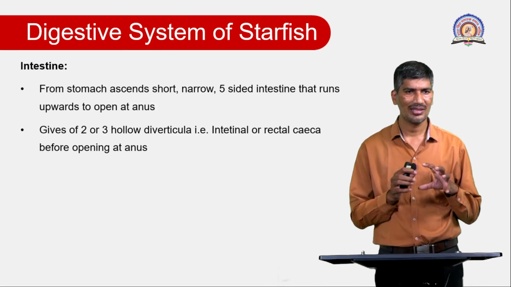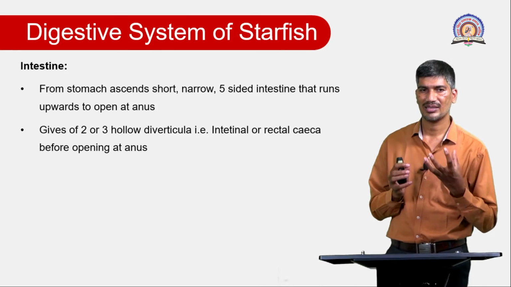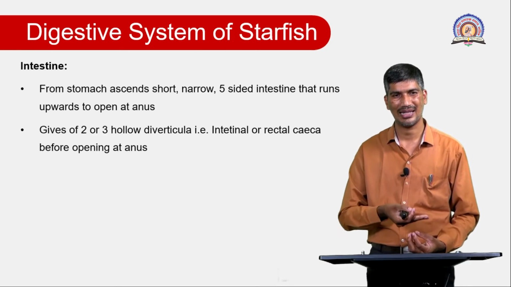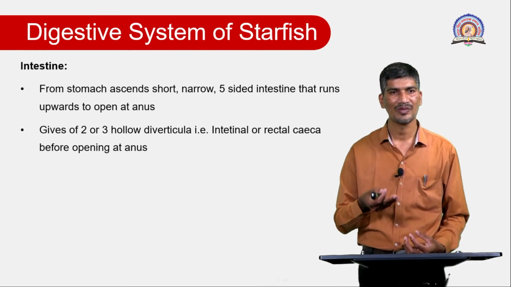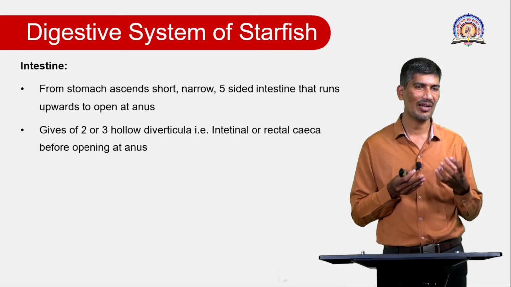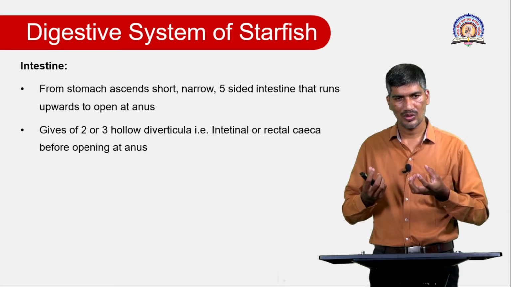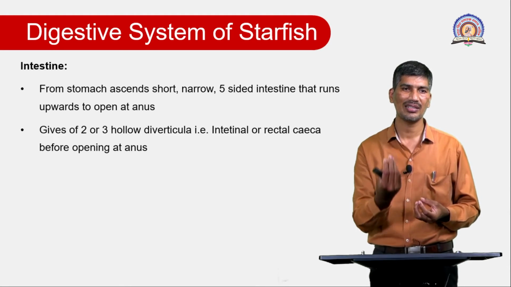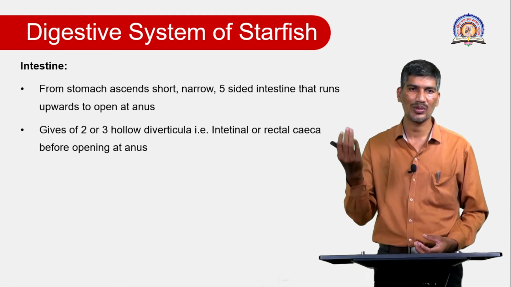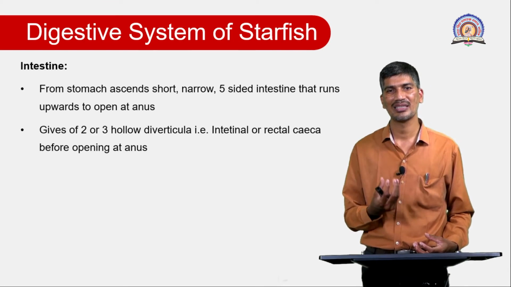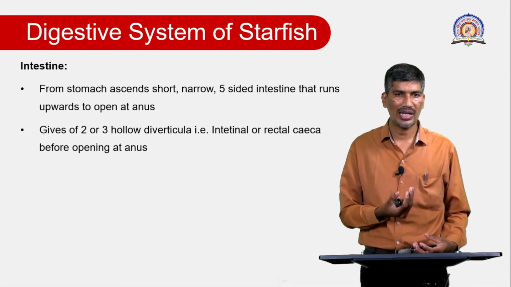We also observe that the pyloric stomach extends as an intestine, and we see 2 to 3 blind tubular structures, and one tubular structure opens into the anus.